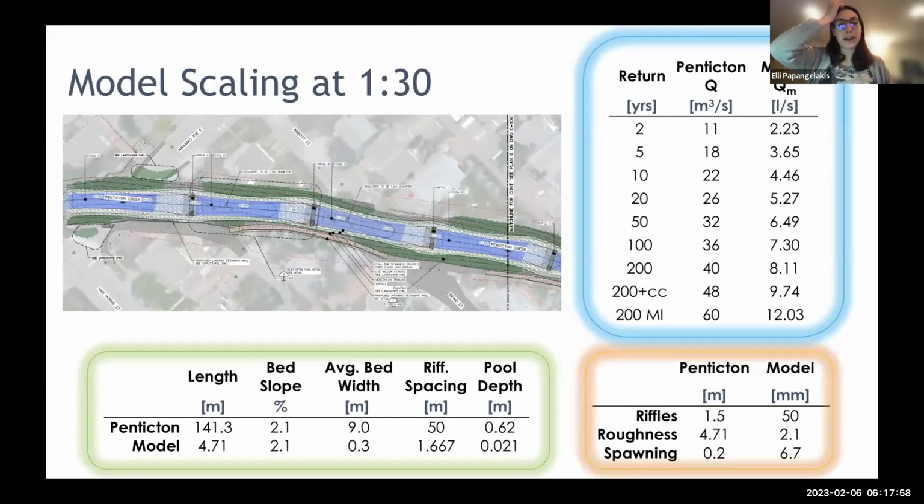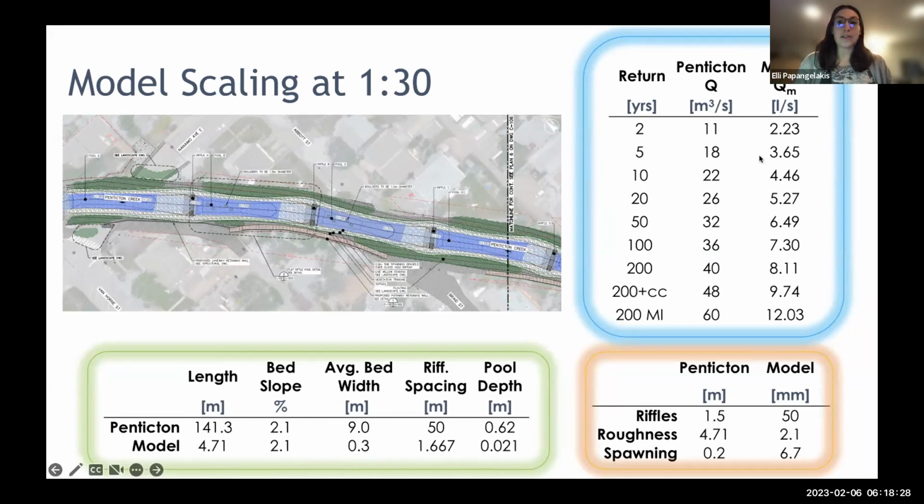This is what our scaled model of the Penticton Creek project looked like. We scaled it to 1 to 30, so again, our length scale is 30 times smaller. In real life, the model is 141 meters long. Our scaled model is around 5 meters long. Our slope is preserved, but you'll notice the average bed width, our riffle spacing, and our pool depths are all scaled based on that 1 to 30.